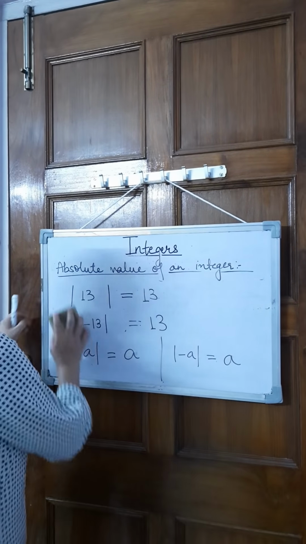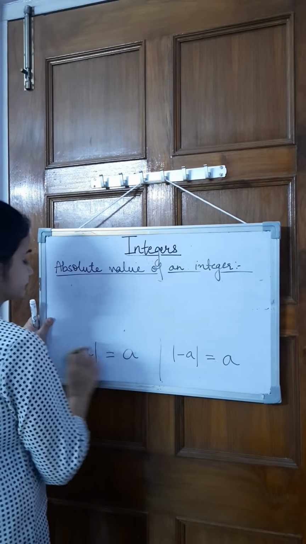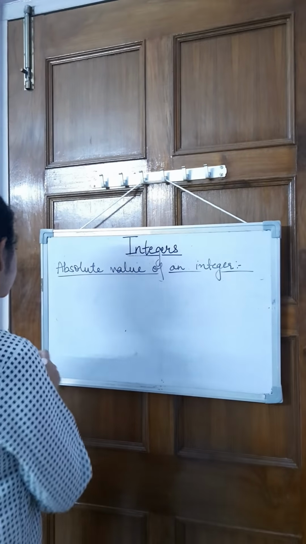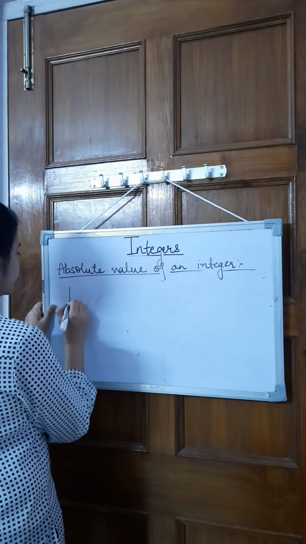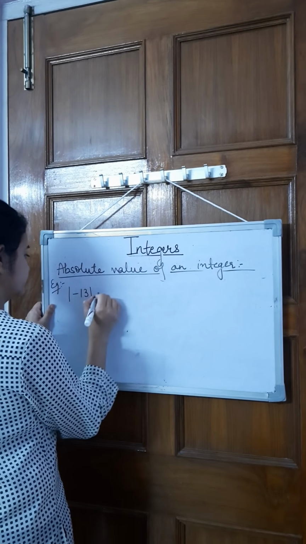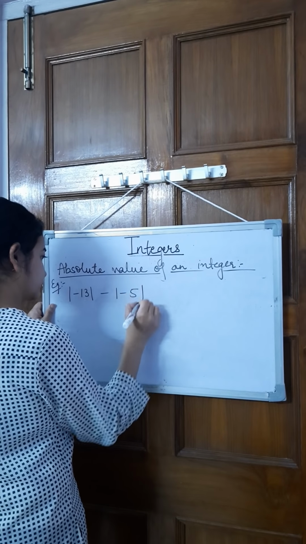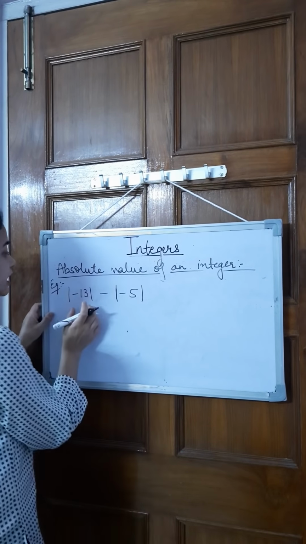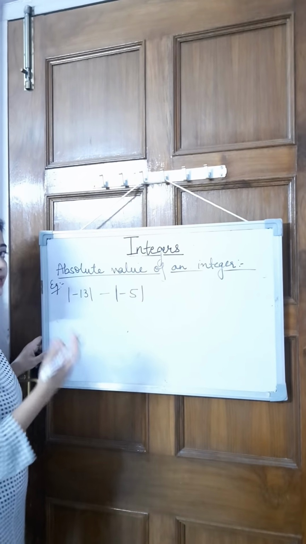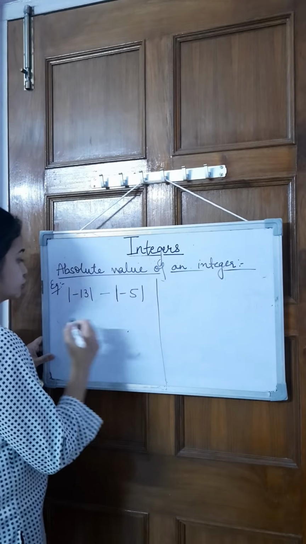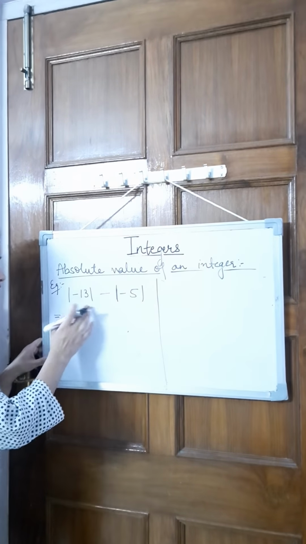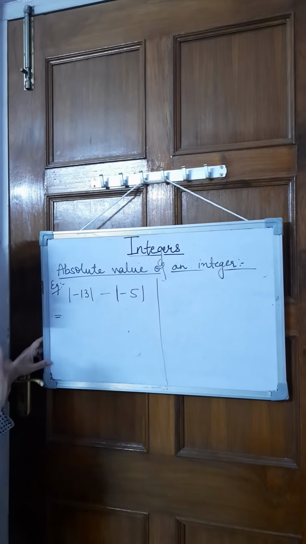Now let's take a few examples of how to use absolute value and put the sign. If we have minus 13 and minus 5, we have two numbers inside the absolute value sign and a negative sign outside it. So we will remove the absolute value signs and then solve it.